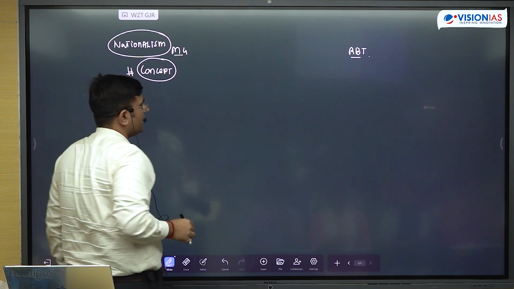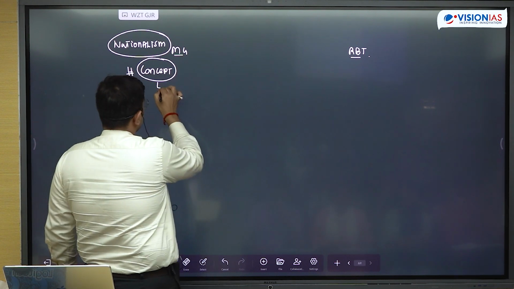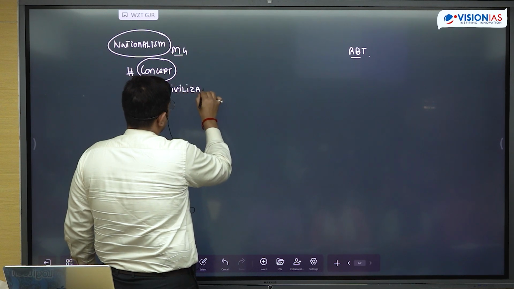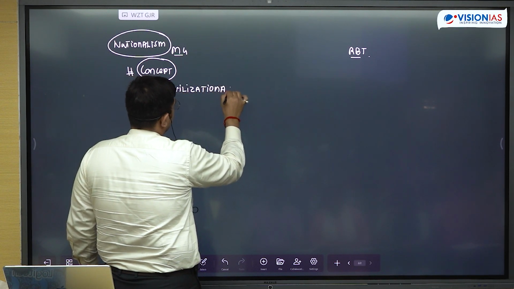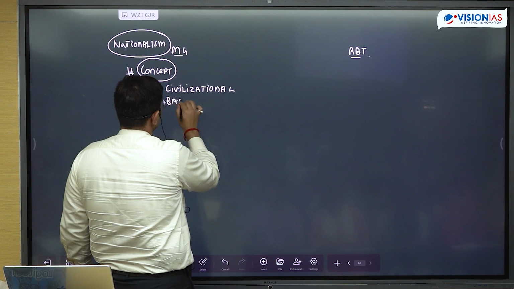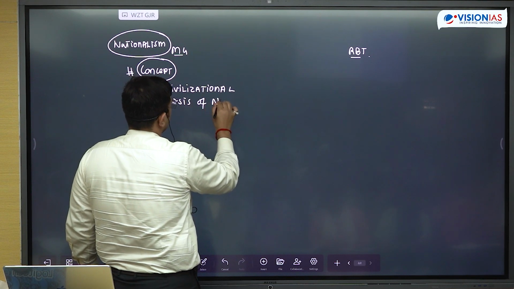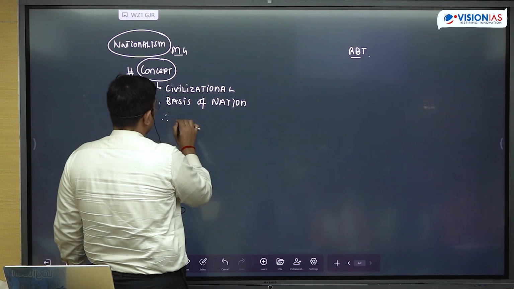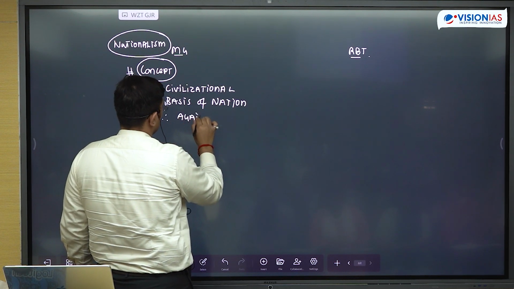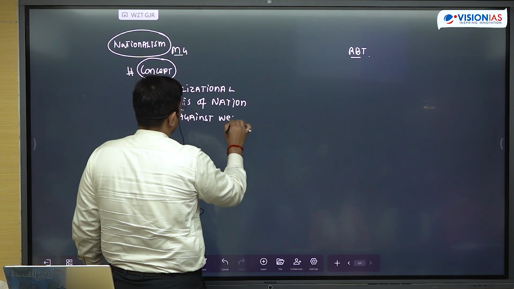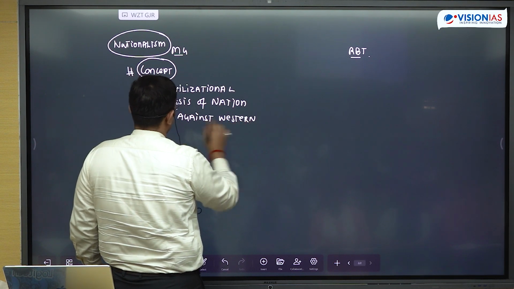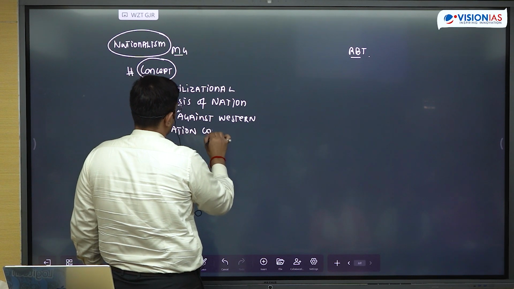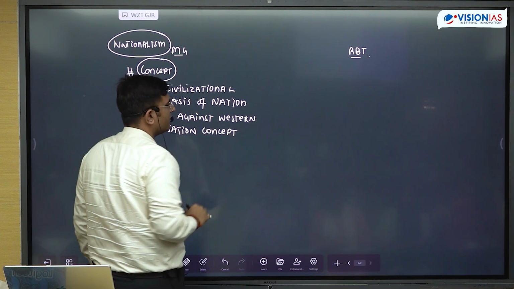For Gandhiji, if you study about Gandhiji, he was in favor of civilizational basis of nation. Therefore, he is against Western concept of nation.